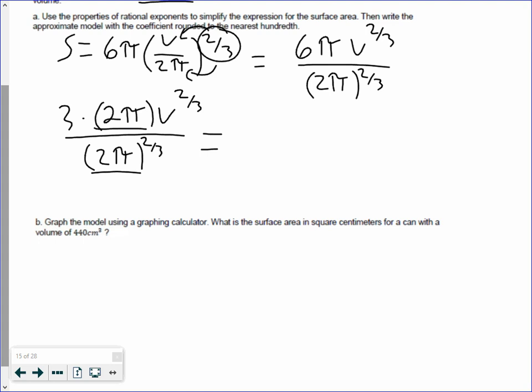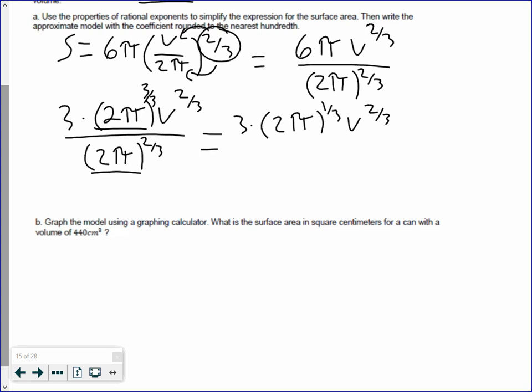The top has an exponent of just 1, which is the same thing as 3 over 3. So I end up getting 3 times (2π) to the 1/3 times V to the 2/3, and the bottom goes away since we subtracted it from the top exponent to get us the (2π) to the 1/3.